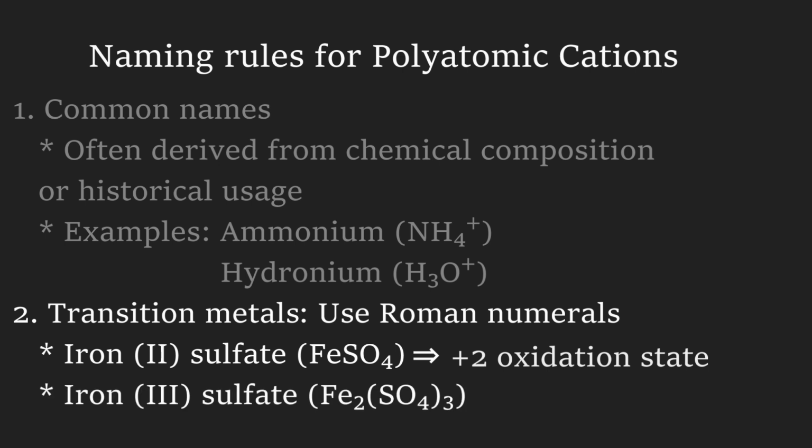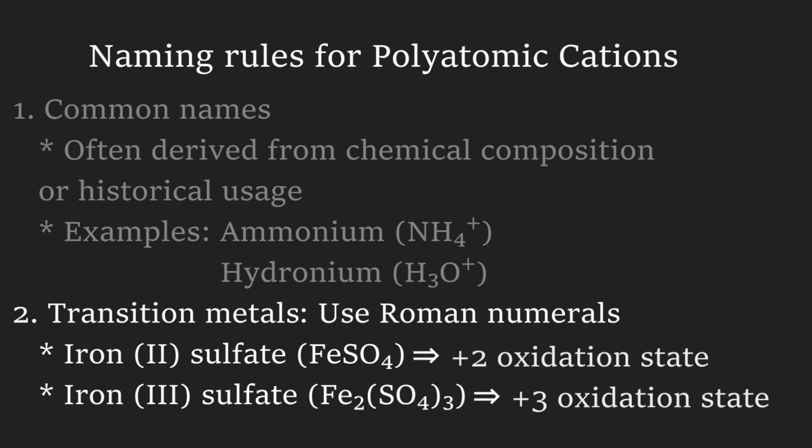Iron sulfate, where iron is followed by the Roman numerals for 3, indicates that iron has a +3 oxidation state. In these examples, the Roman numeral in parentheses tells you the charge of the iron ion in the compound. So this is the second convention for naming polyatomic cations, which is to use Roman numerals in the case of transition metals.